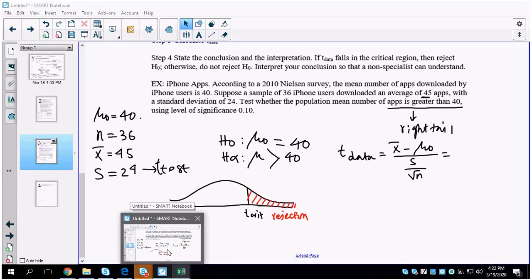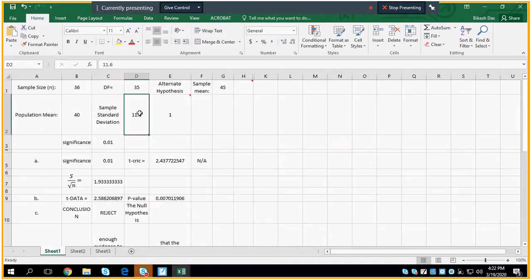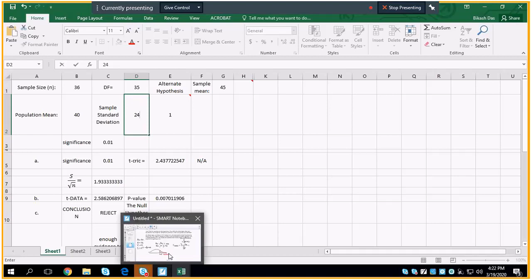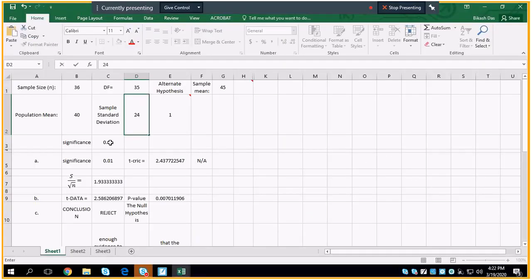The standard deviation given is 24. So we'll go there and change it to 24. The level of significance is the other information that you will need, and it is 0.10. So we'll go ahead and say that this is 0.10. And then it says that the critical value is, rounded to 4 decimal places, 1.3062.